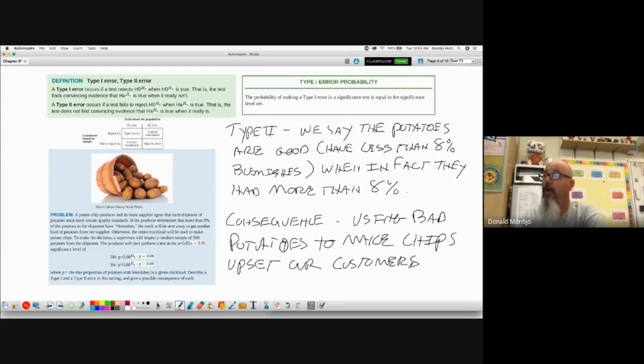So a type 2 error would be, what's the right word? Type 2 error would be more serious in this situation. I don't know why it was hard for me to find the word serious there.